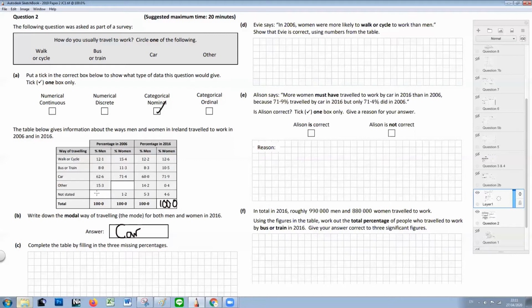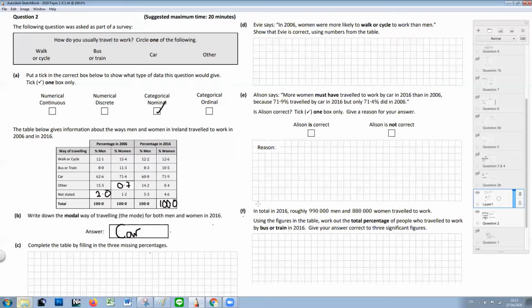This value here is going to be 2.0, and this value here is going to be 0.7. If I add all these up together, 12.1, 8, 62.6, 15.3, I get 98, and I take that away from 100, which is 2. The same with these: 1.2, 71.4, 11.3, and 15.4. If I add them together, I get 99.3. Take that away from 100, and it's 0.7.